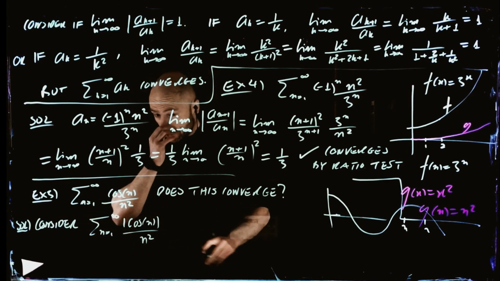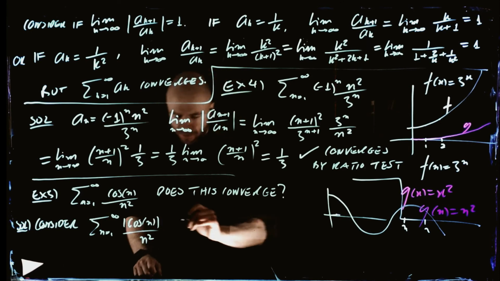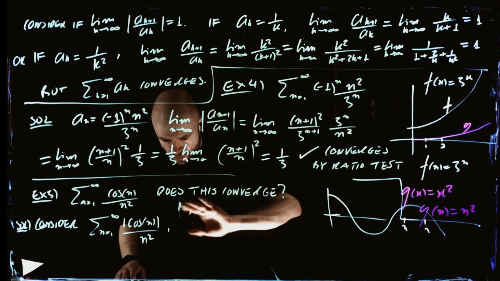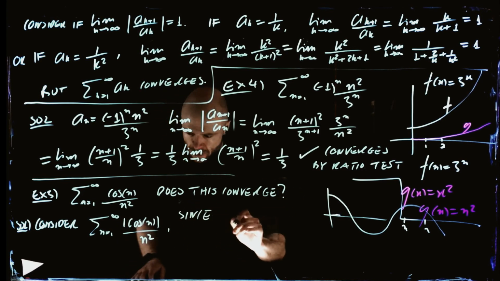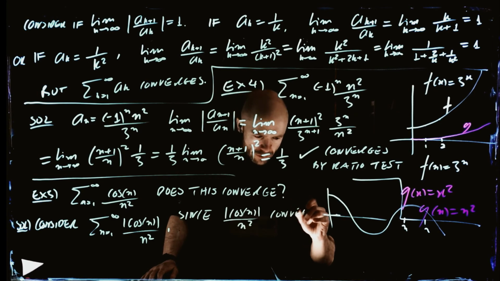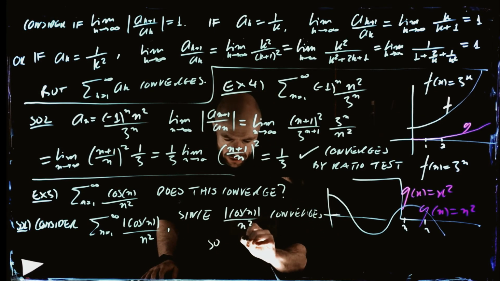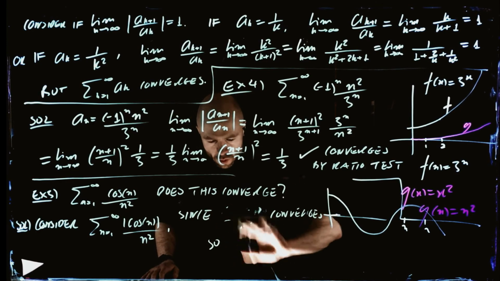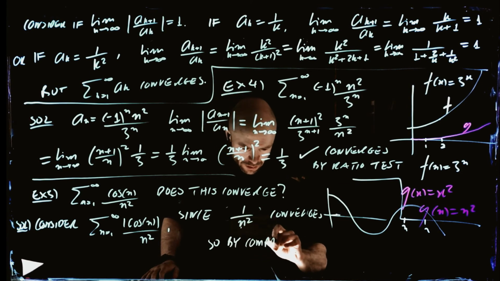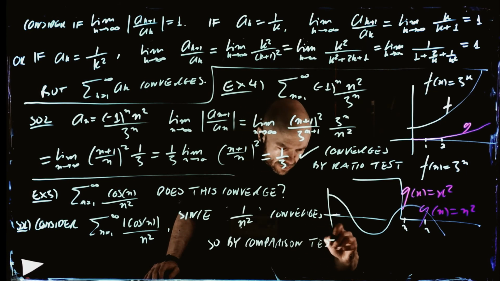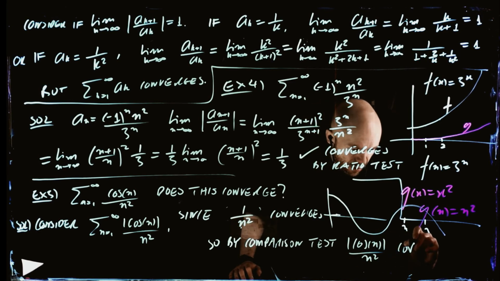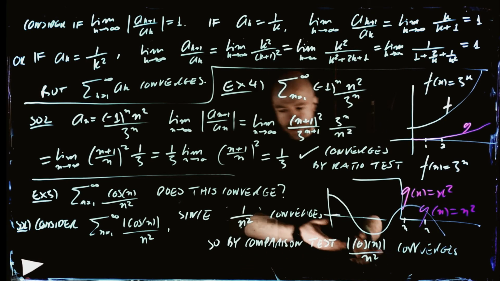Is this thing simpler? Perfect. So since the absolute value of cosine of n over n squared converges, by the comparison test, since 1 over n squared converges, the series of absolute value of cosine of n over n squared converges, exactly as you say, because these terms are bounded.